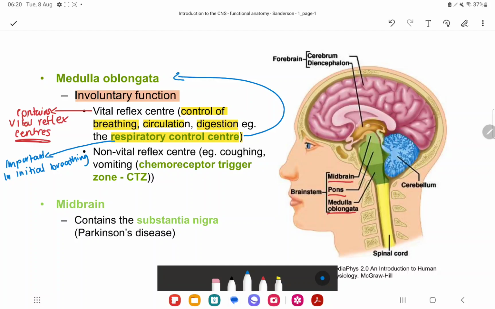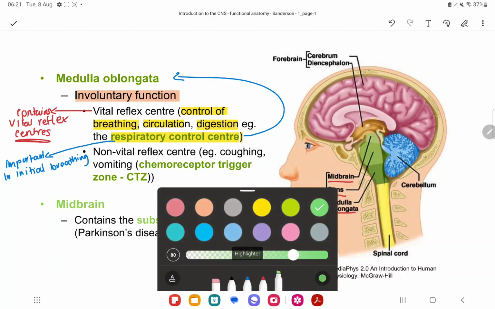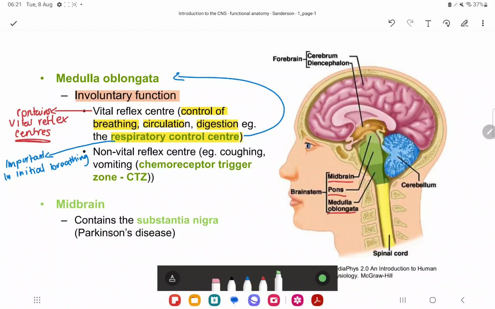Moving on, the medulla oblongata also contains non-vital reflex centers. So it contains both vital reflex centers and non-vital reflex centers.